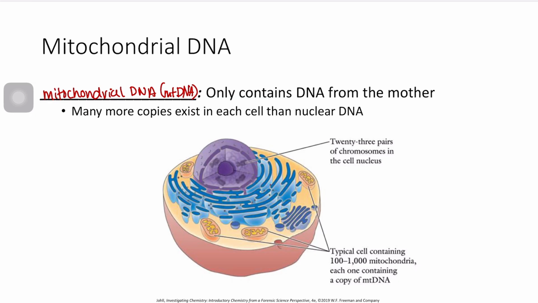First, since mitochondrial DNA only comes from the mother's side, you cannot distinguish between relatives on the mother's side of the family. So this limits the forensic science usefulness of mitochondrial DNA when you're trying to identify the remains of a missing person.